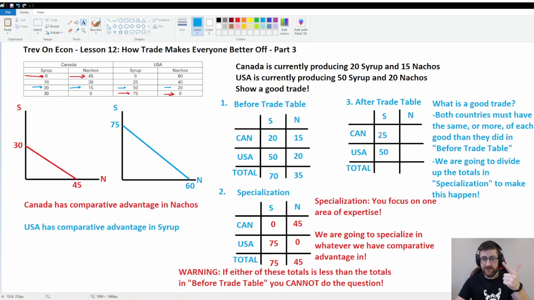B, 25 is the same or better than 20, and 50 is the same or better than 50. So both of those fit. You could do different combinations. You could have done 24 and 51, or 23 and 52, as long as the end result totals to here and is same or greater than here. I'm going to use this one just because it's a little easier.